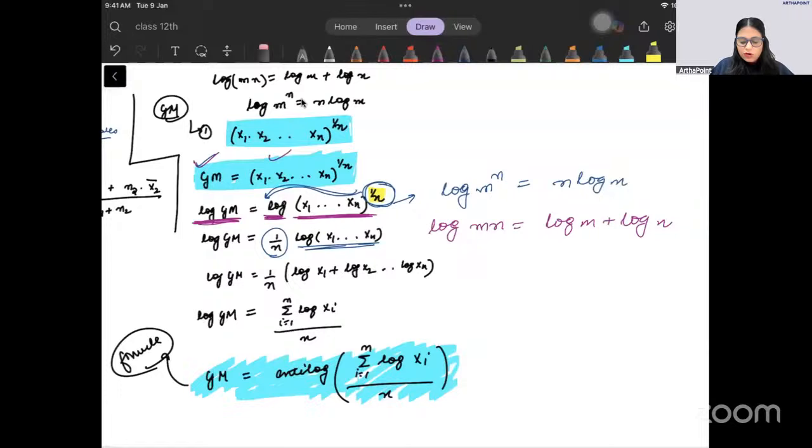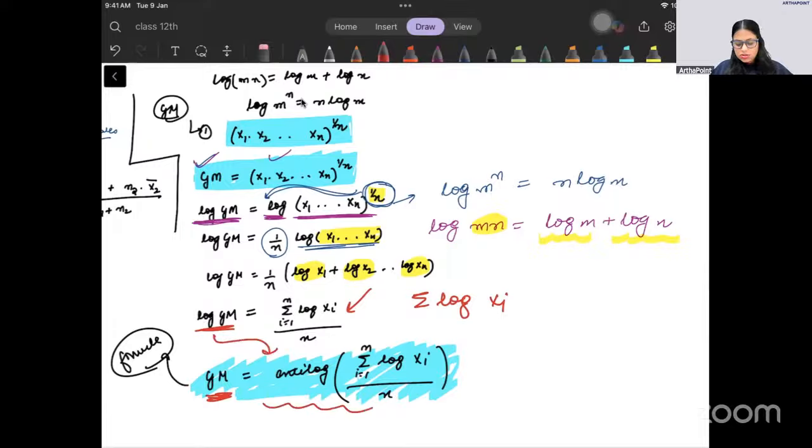So since all of them are getting multiplied, they will come separately in addition. So it becomes log x1 plus log x2 till log xn. So I've just generalized it and written summation log xi. And since log gm was equal to this, when log goes to the other side it will become antilog. So I've just taken antilog here and this is the answer.